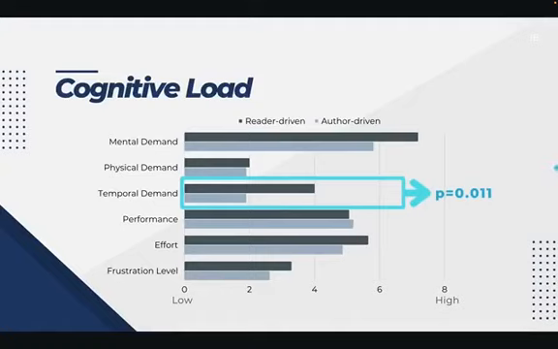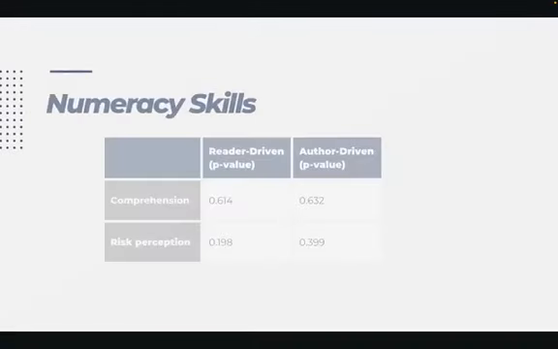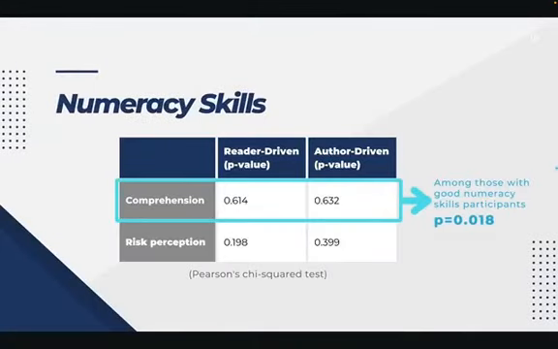In the cognitive load, the results showed that participants experienced higher cognitive load while using the reader-driven framework, especially in the time pressure section. The study found that both prototypes had a similar result for comprehension and risk perception, regardless of numerical skills. But for participants with good numerical skills, the reader-driven approach was better for comprehension.